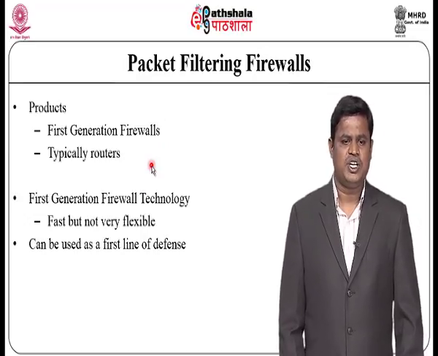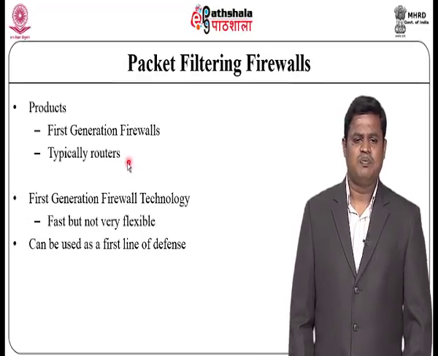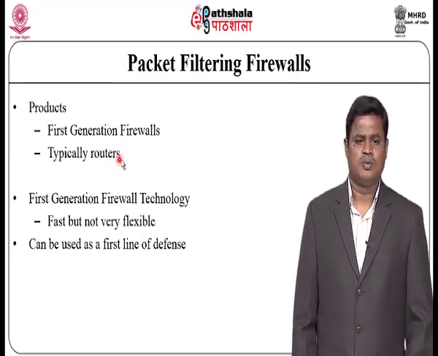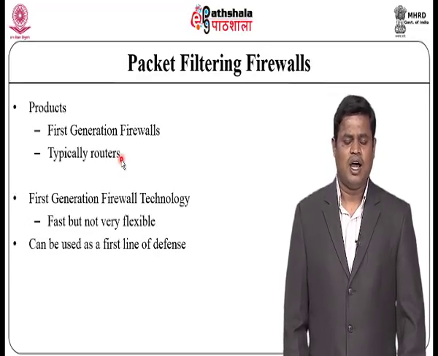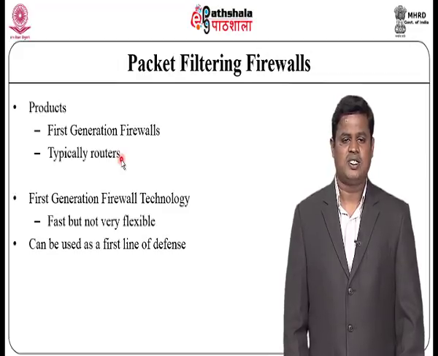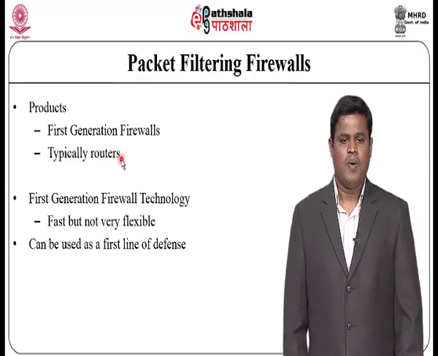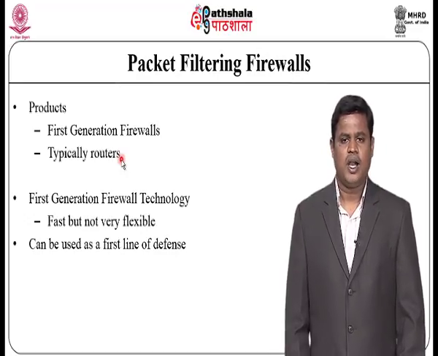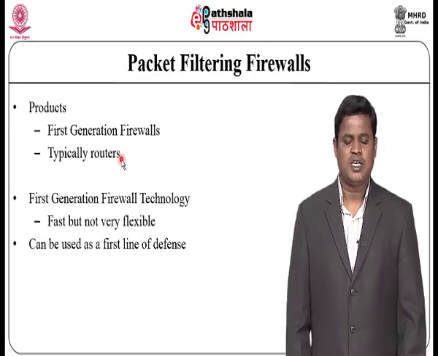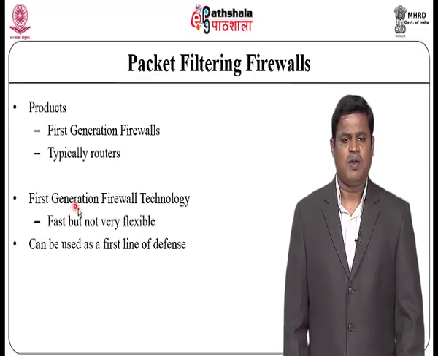It was mainly used in routers before there was a separate firewall hardware device. Initially, firewall services were utilized on an existing network device called a router, where they could write ACL statements, that is, access control statements, to prevent unauthorized access to the network. First generation firewall technology is fast but not very flexible.